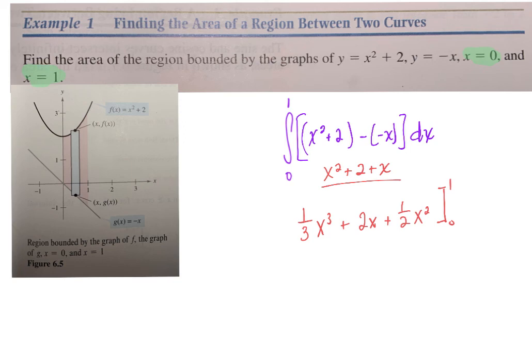I plug in a 1 and get 1/3 plus 2 plus 1/2. When you get a common denominator, your common denominator is 6, so we get 17/6 as my final answer there.